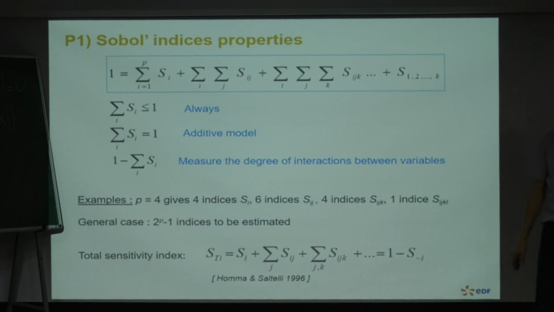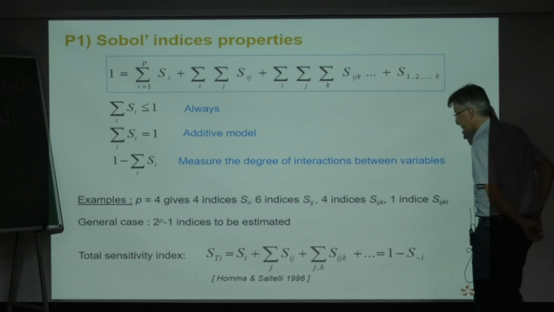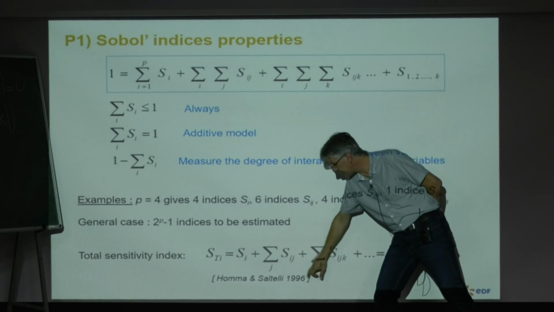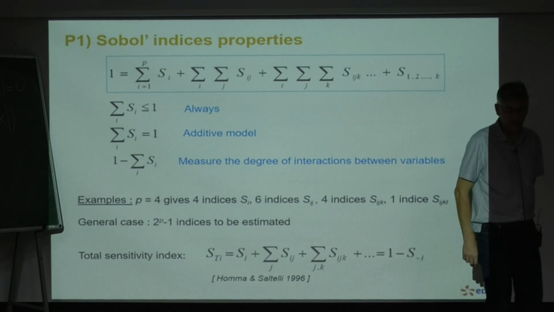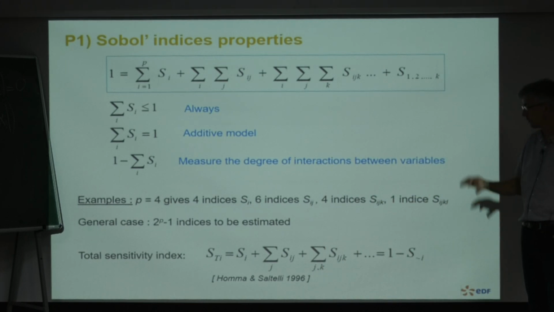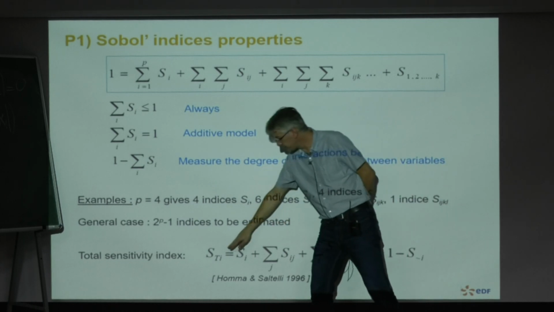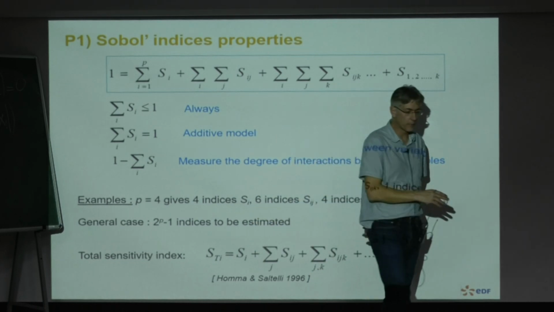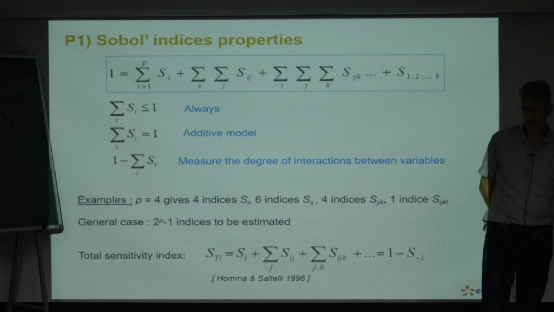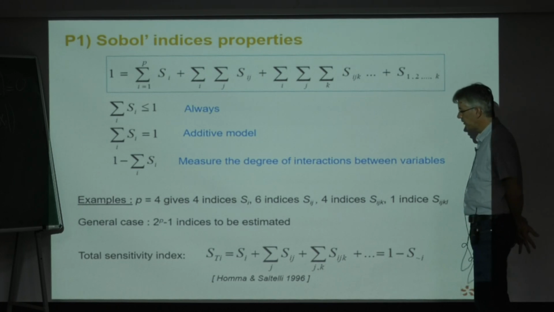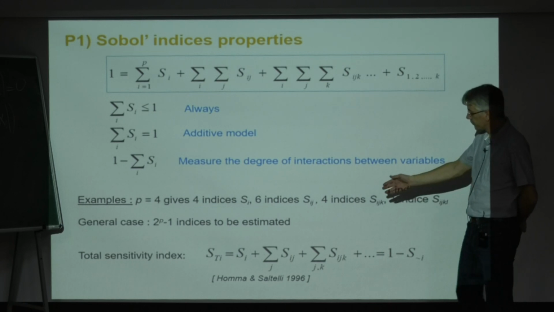So the cost becomes too much. And one simplification that these researchers have found is to consider the total Sobol index for each input. So what is the total Sobol index? This is the sum of all the Sobol indices for the variable i.